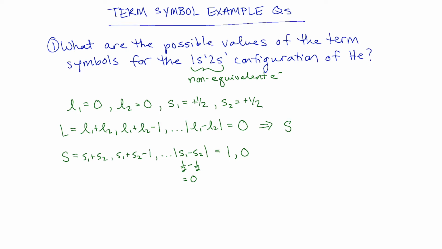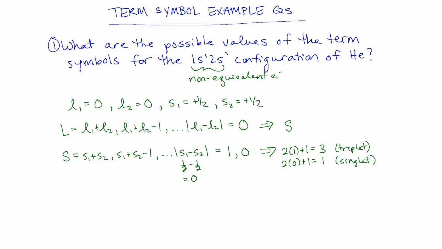Okay, so this is going to lead us to two different options for multiplicity. So remember, 2S plus 1. So we're going to get a triplet for our S equals 1 option, and we'll get a singlet for our S equals 0 option.